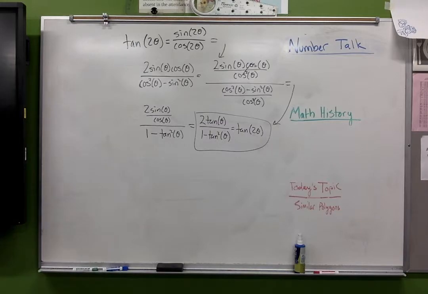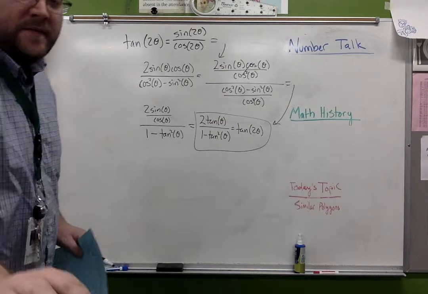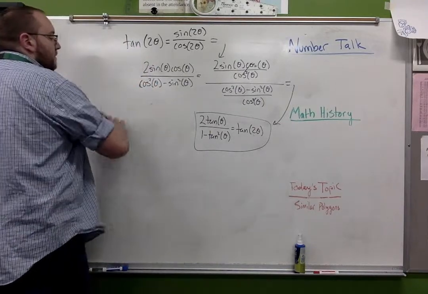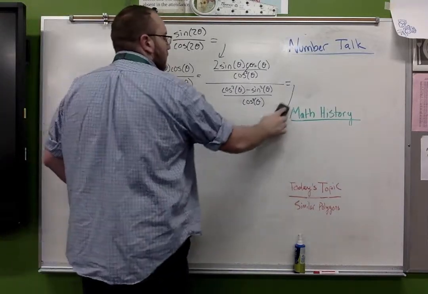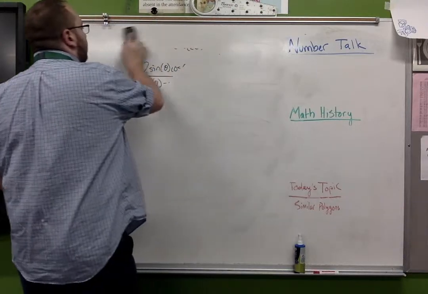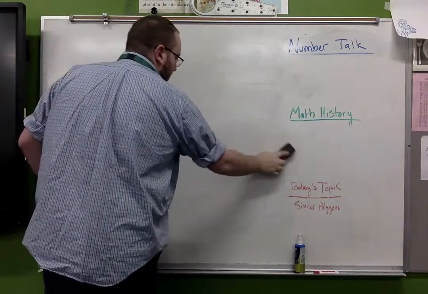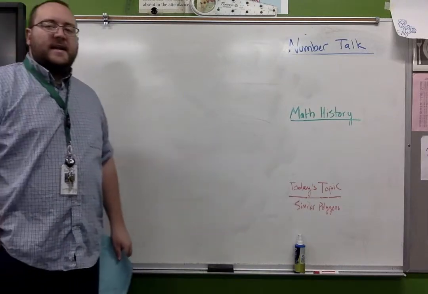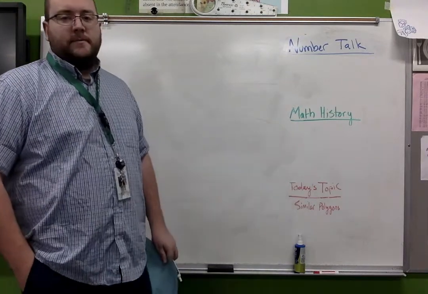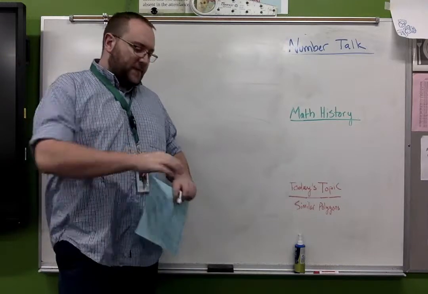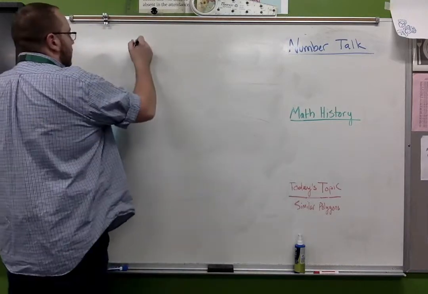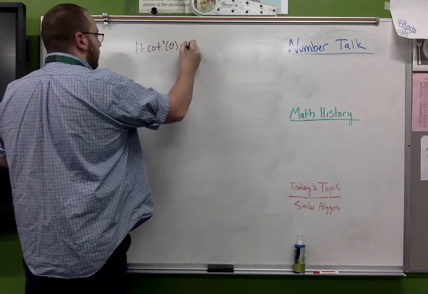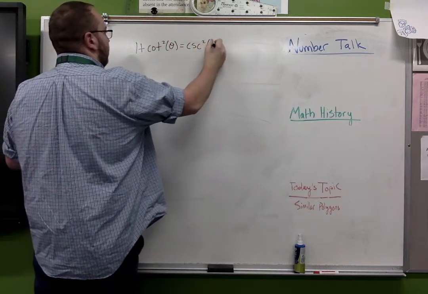Okay, let's flip the paper over to the next side. We're going to verify some identities. Now, when verifying identities, it's kind of like a proof, but we're doing it algebraically. When verifying identities, you can only work with one side. For example, the first one: 1 plus cotangent squared of theta equals cosecant squared of theta.